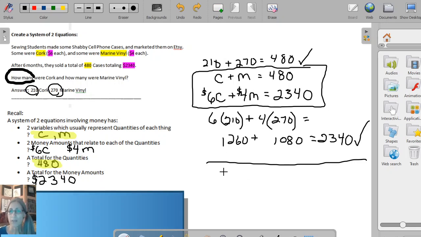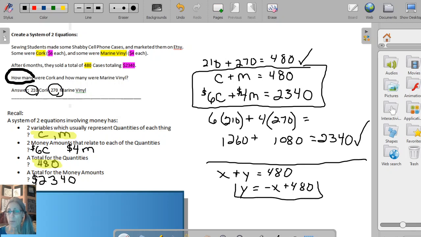So we would have X plus Y equals 480. And we always have the y by itself, so our equation would be y equals negative x plus 480. So that would be one of our equations.